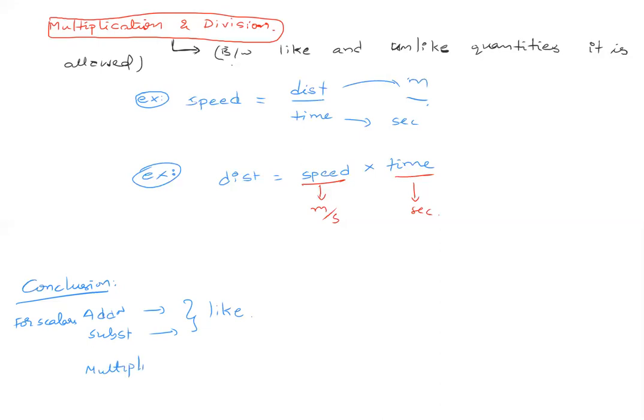Multiplication and division, between unlike quantities only it happens. All right, so this is the thing.